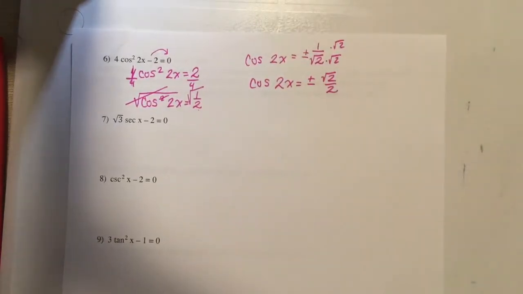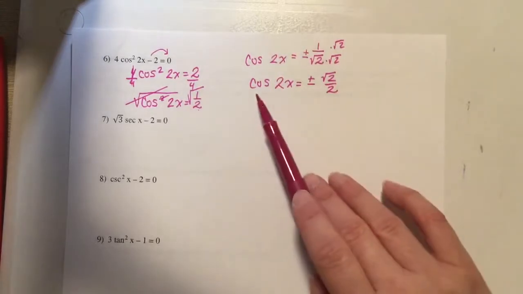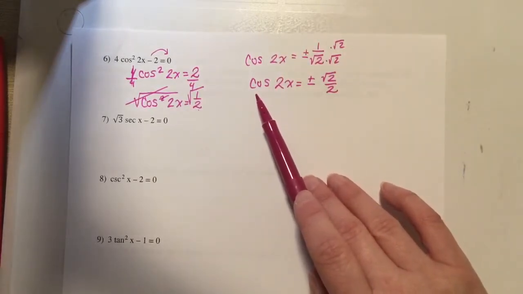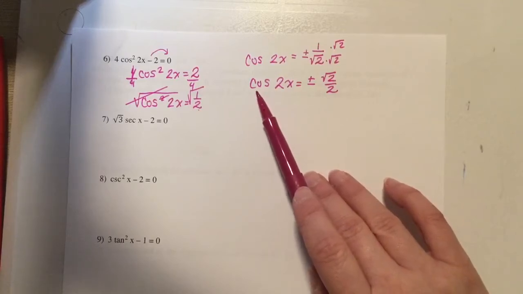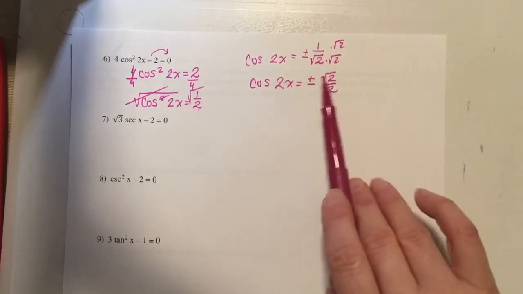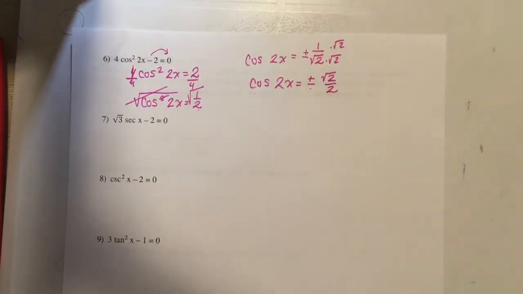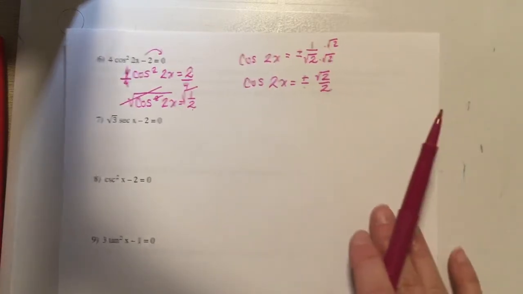Okay, now you start the same way. We have to look in the unit circle from 0 all the way to 2 pi. Where is the cosine, the x value, positive or negative square root of 2 over 2? Okay, so any x's that are a positive or a negative square root of 2 over 2.